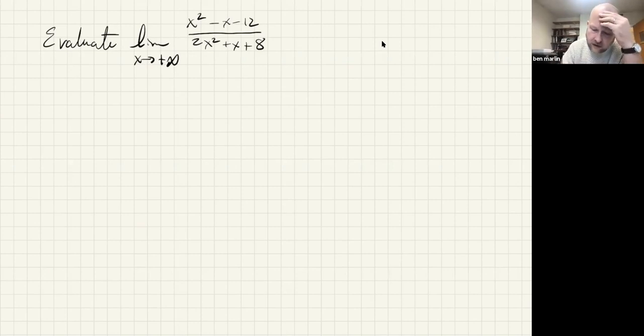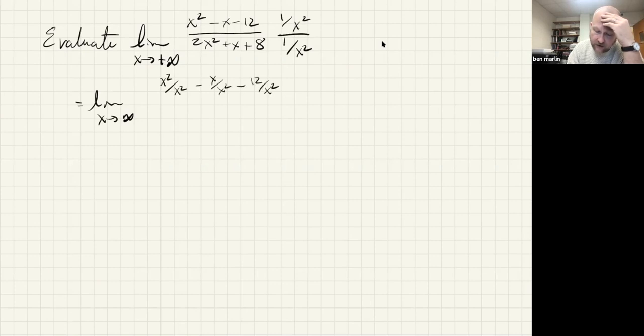So you end up multiplying this top and bottom by 1 over x squared. When you do that, you have a limit as x goes to infinity, and we're going to have x squared over x squared minus x over x squared minus 12 over x squared. That's the top.